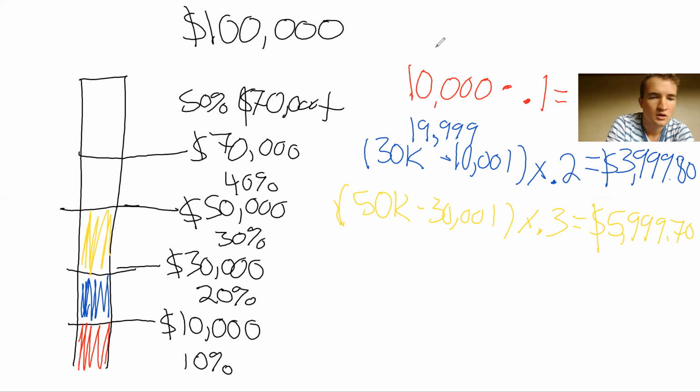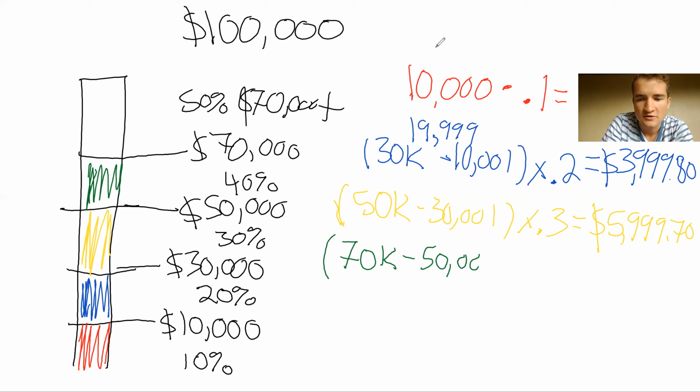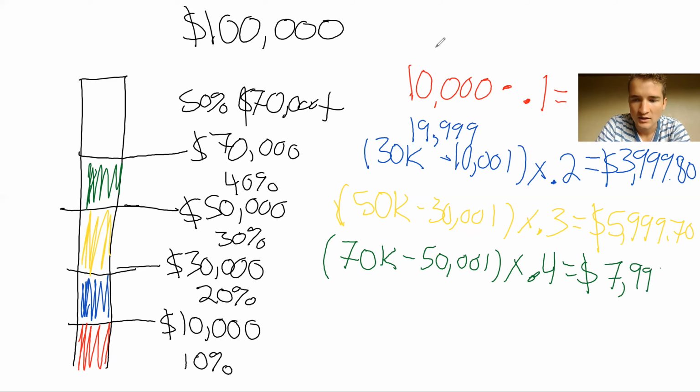Let's do green. Now we examine this segment: 70,000 minus 50,001 times our tax rate of 40%. Taxes are getting pretty steep here in our progressive system. And that is going to equal $7,999.60.